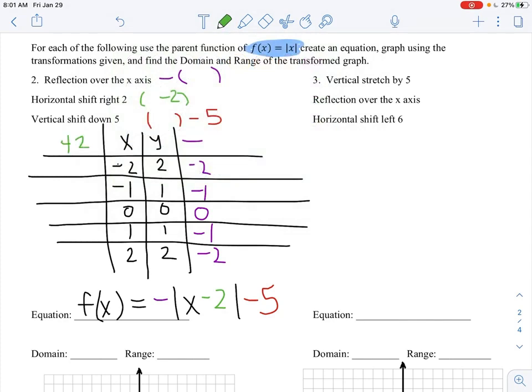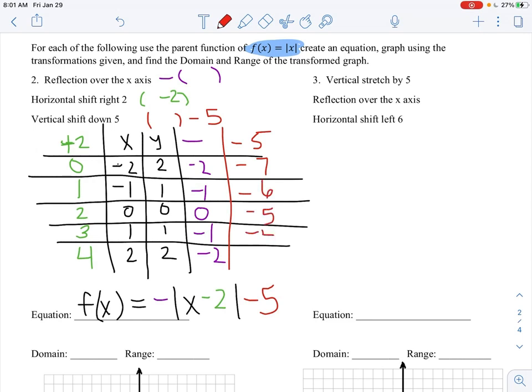So we're going to add 2 to each because we're moving to the right. So we have 0, 1, 2, 3, 4. And then finally, we're going to have that -5, which makes us move down. So we got -7, -6, -5, -4.